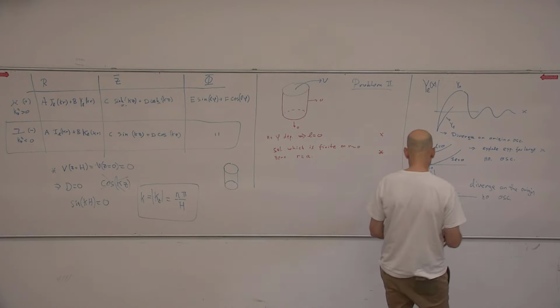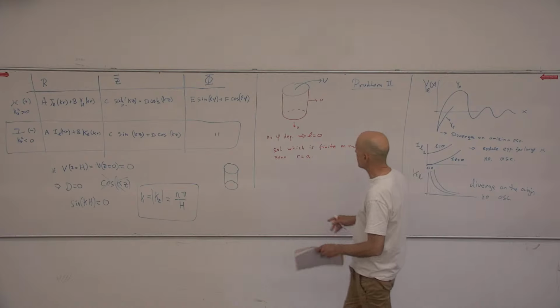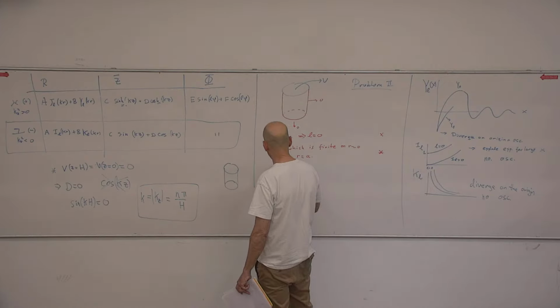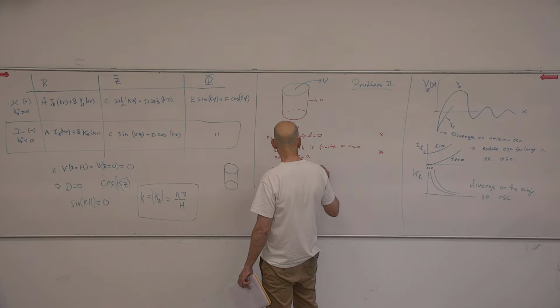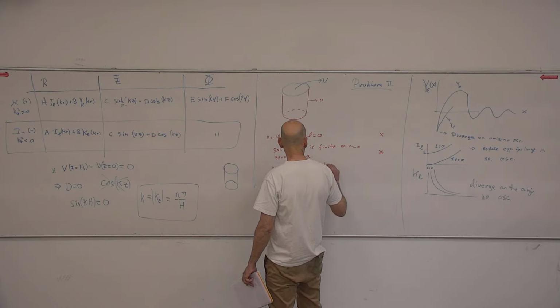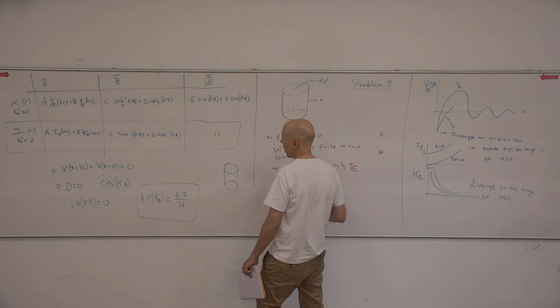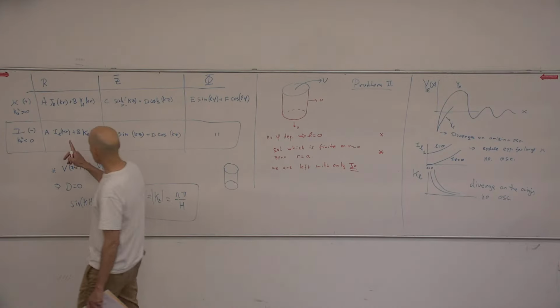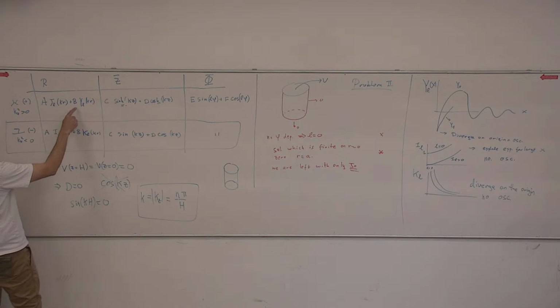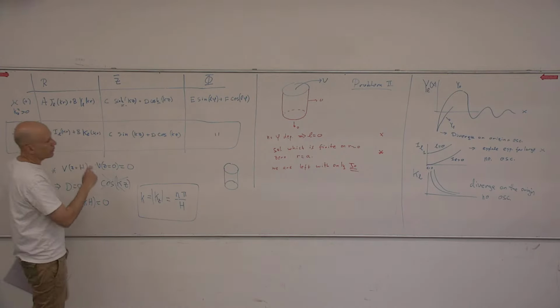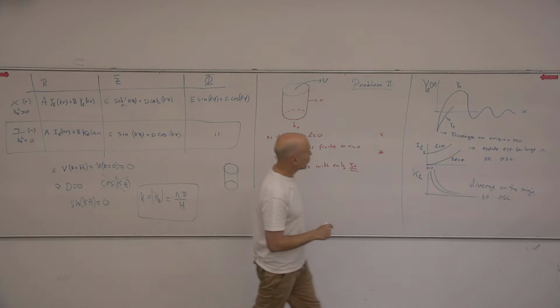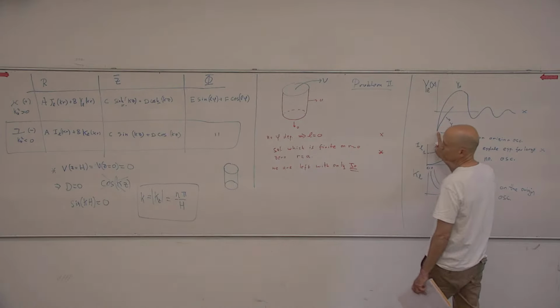There is only J, and we are left with only J0. Why? Because the other function here will diverge, like here, not good.